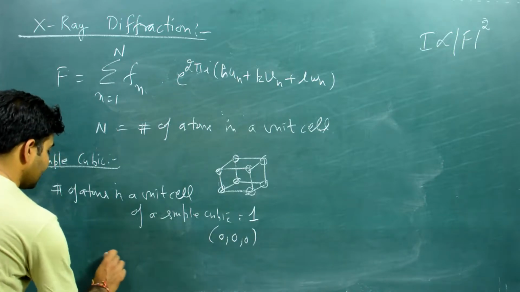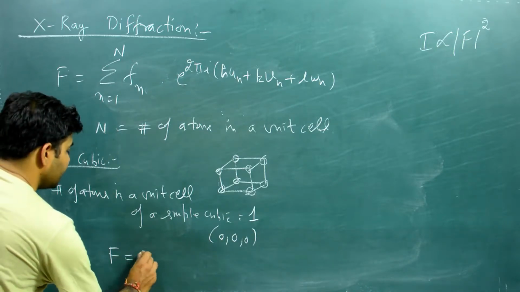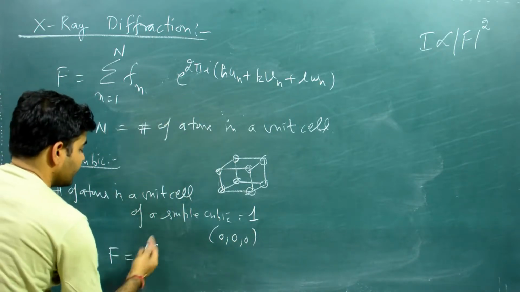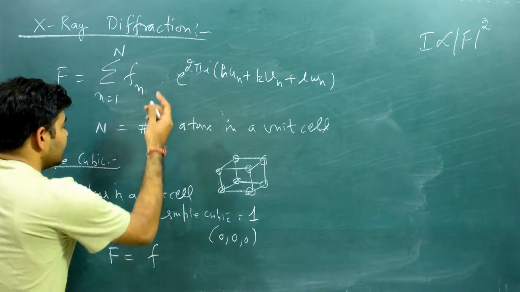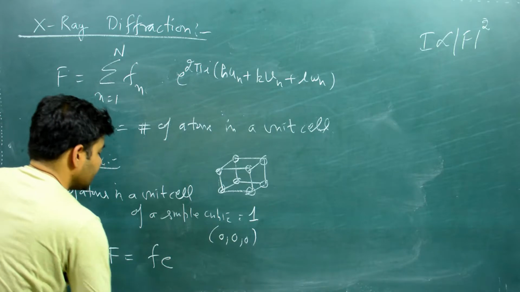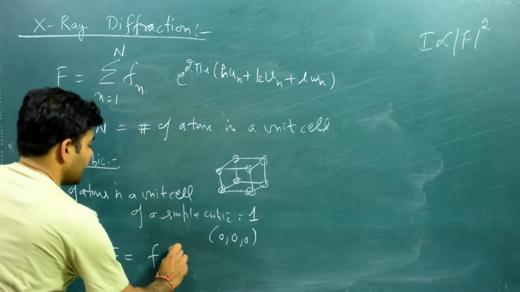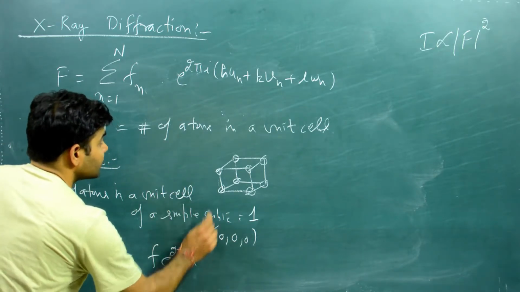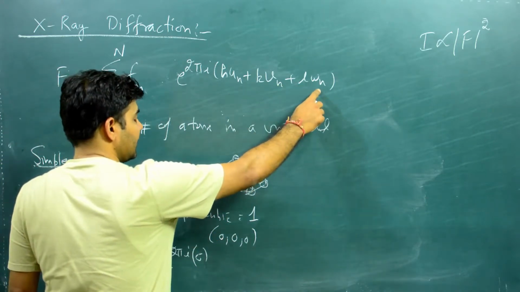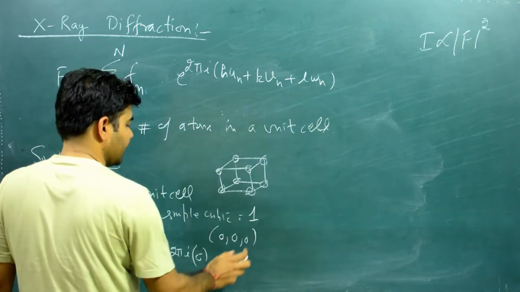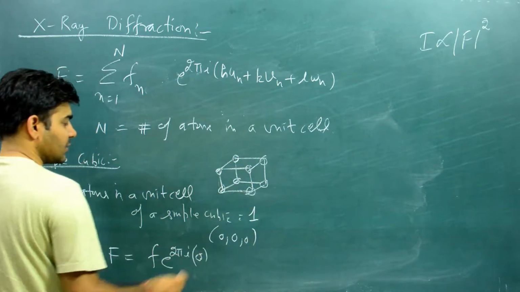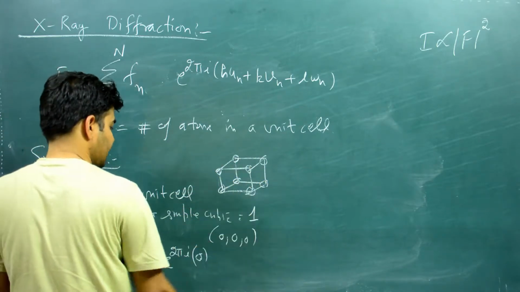So if we calculate F, there is only one term in the summation, so I can put f without any subscript: f e^(2πi(0)), because u, v and w are 0, 0, 0, the position of that atom in the unit cell of this simple cubic.